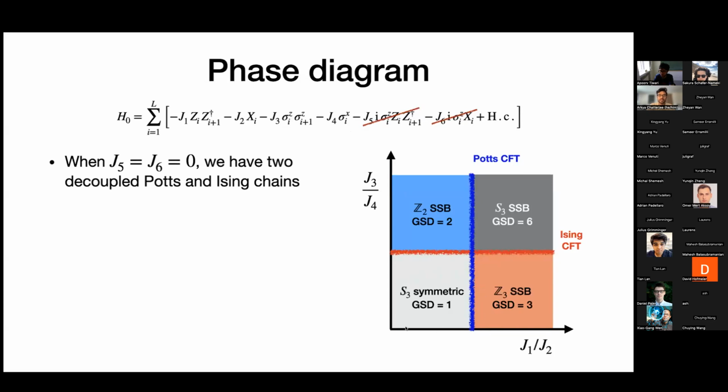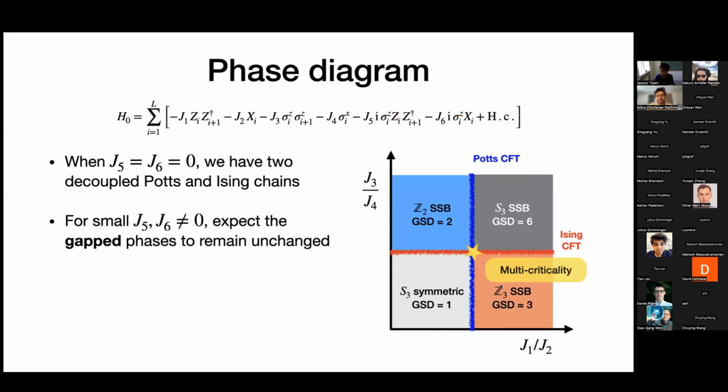like this, where you have a Potts transition as you go in the horizontal direction and an Ising transition as you go in the vertical direction. And there's some multicriticality, which is the stacking of these two CFTs. But because these are gapped phases, you expect them to remain the same. So they don't change when you have small couplings J5 and J6.